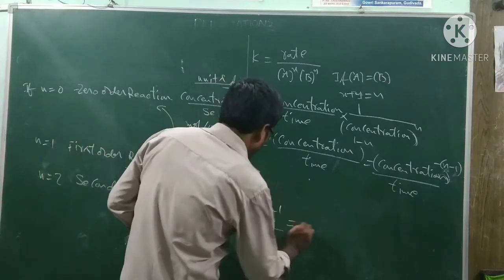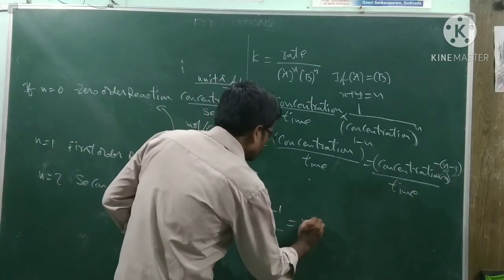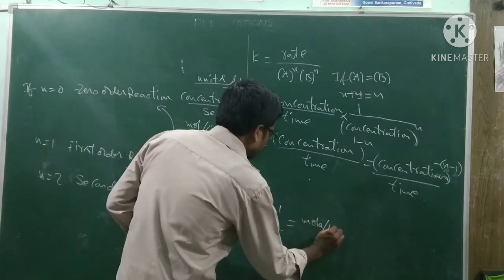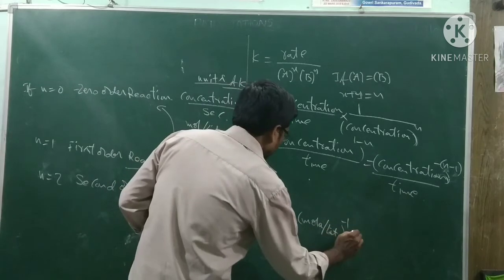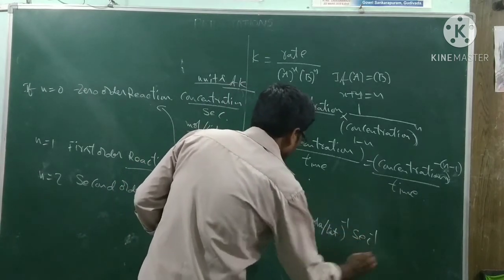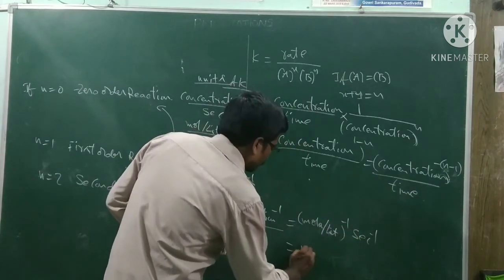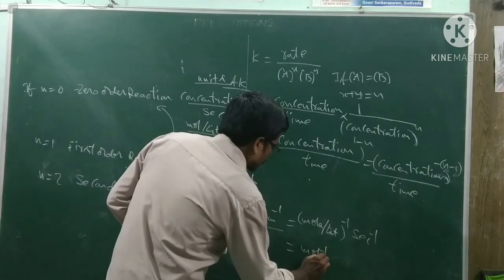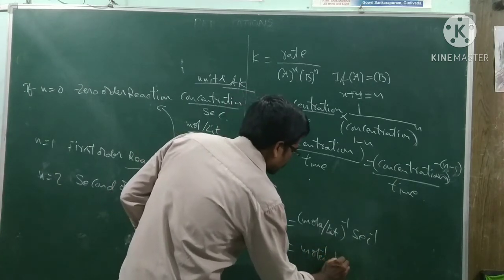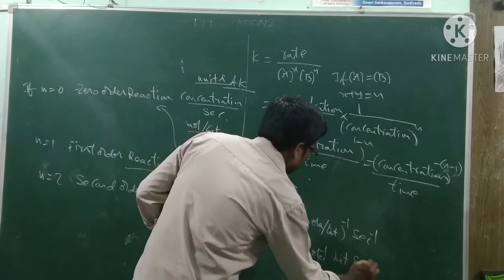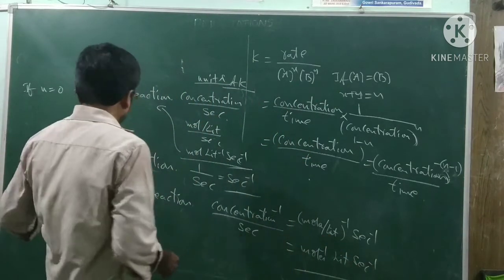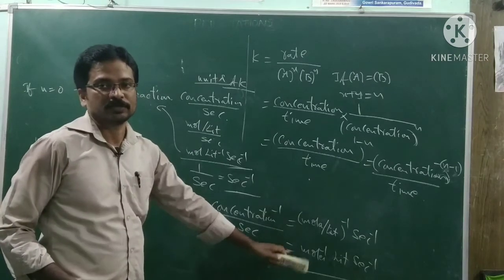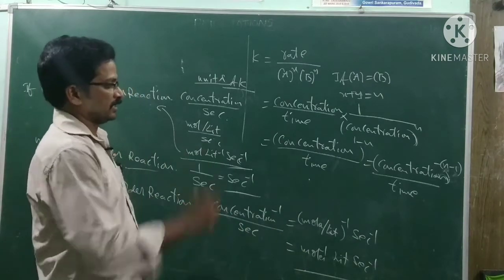You may write like this: moles inverse, liter, second inverse. These are the units for second order reaction.